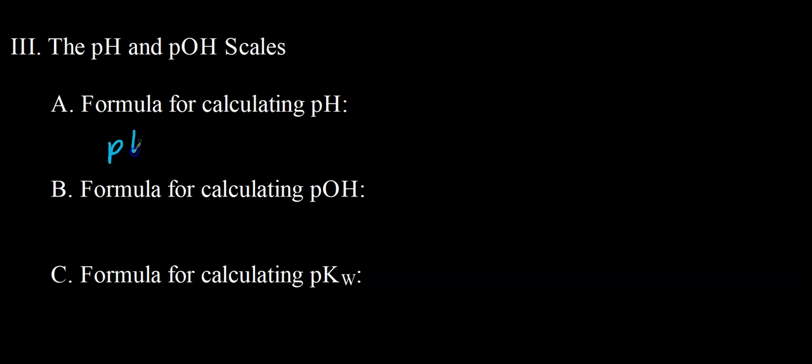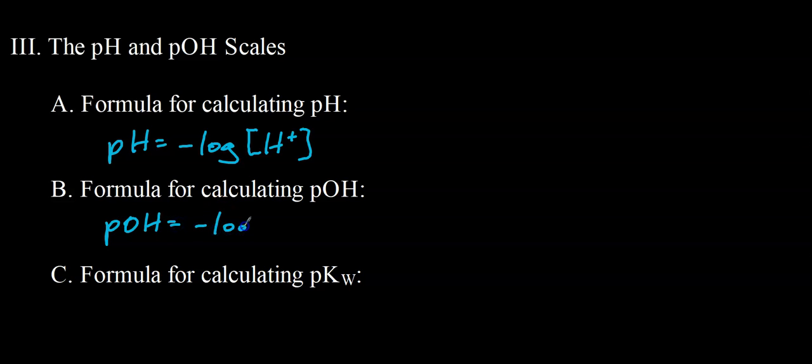So what exactly is pH? pH is the negative log of the hydrogen ion concentration. So what's pOH then? Well, must be something similar. pOH is the negative log of the hydroxide ion concentration. How about pKw? Well, same thing. pKw is simply the negative log of our ionization constant for water.